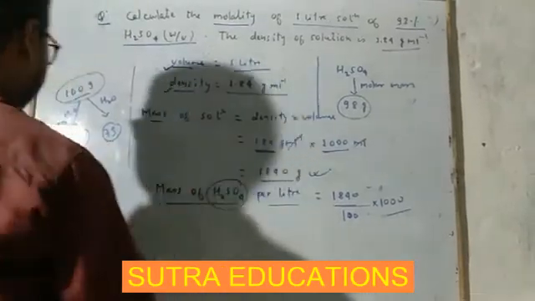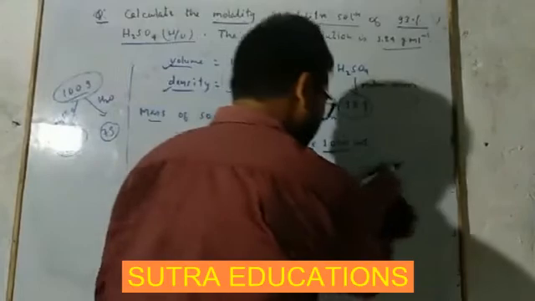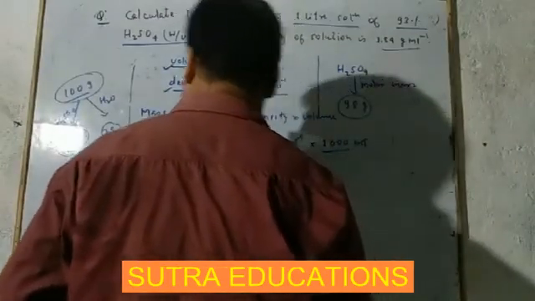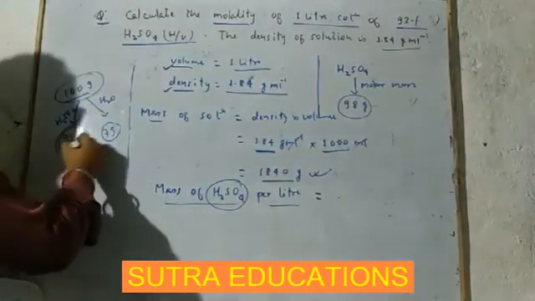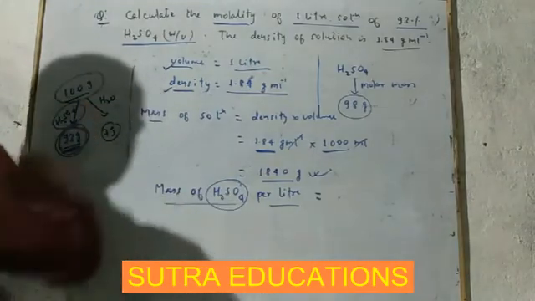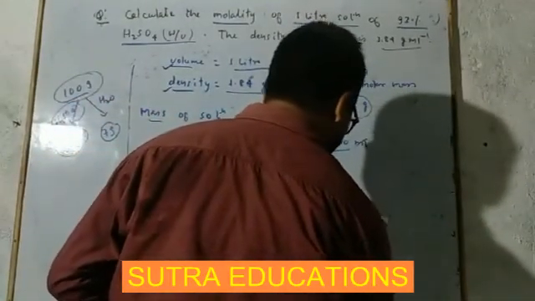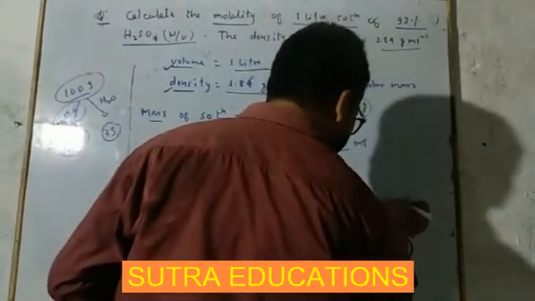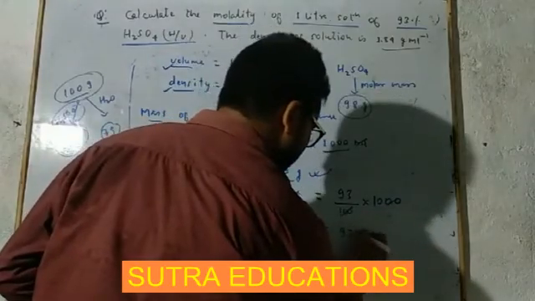Sorry, it is 93 gram. We have calculated this: in 100 gram, 93 gram of H2SO4 is there. So in 1000 gram it will be 93 divided by 100 into 1000, which is equal to 930 gram.